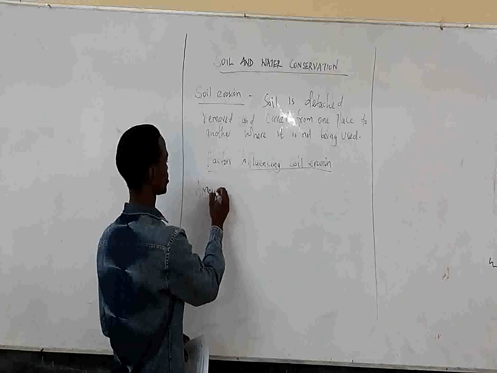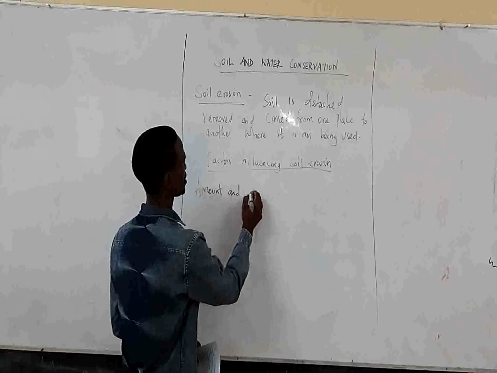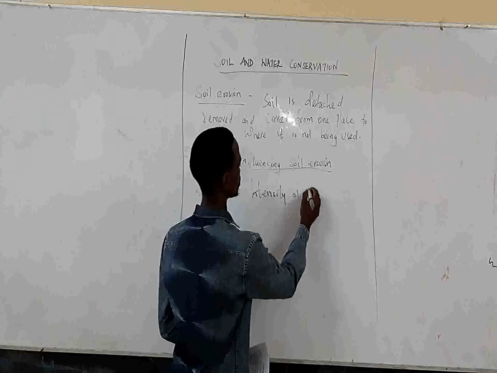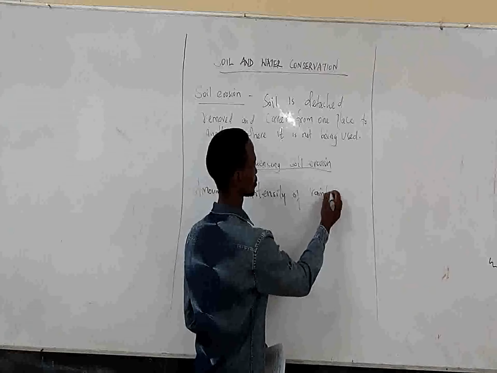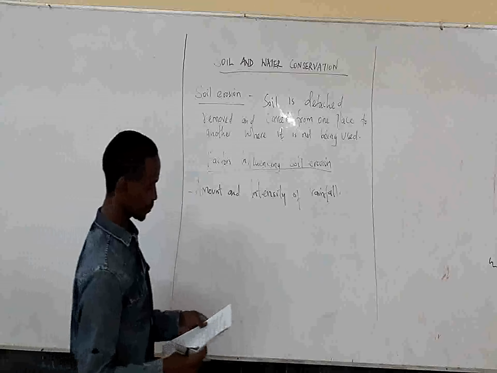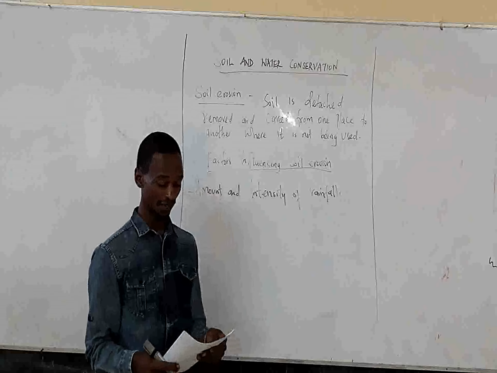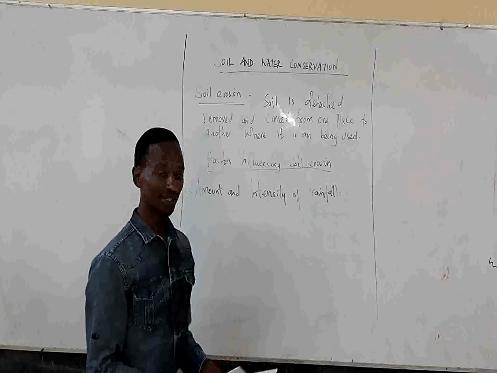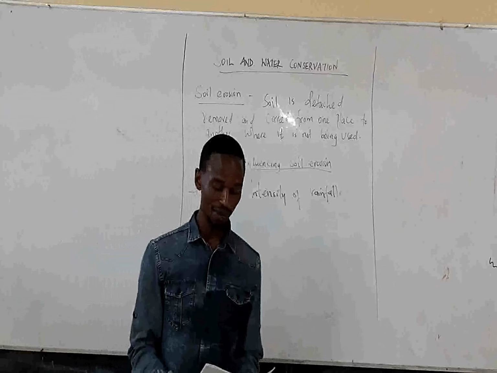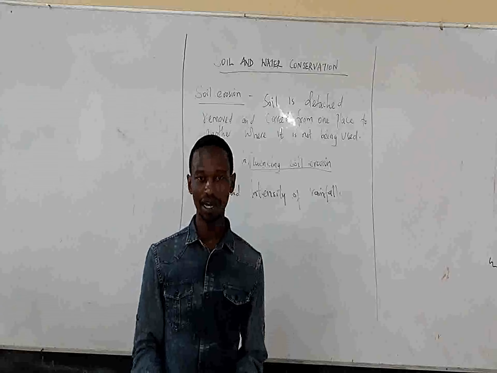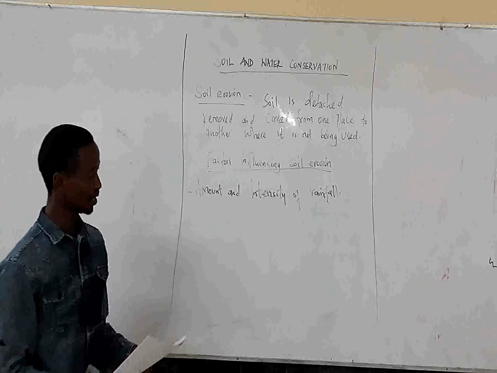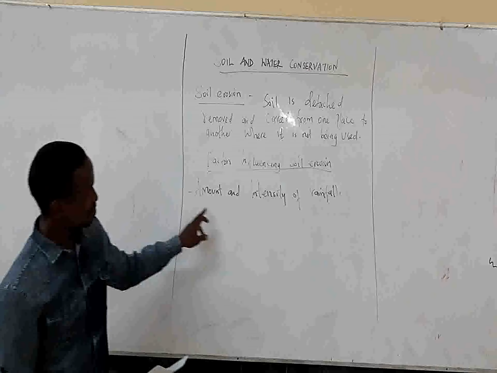The amount and intensity of rainfall influences soil erosion in the following way. You will find that places with heavy rainfall are more likely to be eroded.